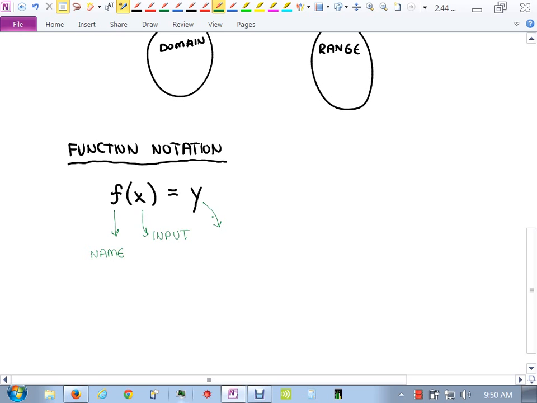So the X is what I plug in, right? The X right there goes into that function, and what comes out is the Y. So all of the X's together is domain. All of the Y's is the range. But in this particular notation, if that X represents one input, then the Y represents a single output. Okay, so this is going to be an output.